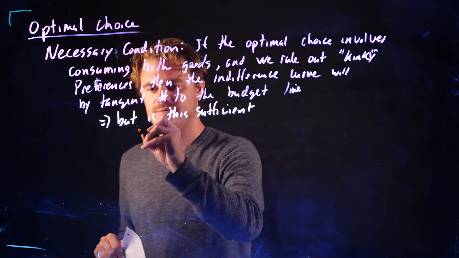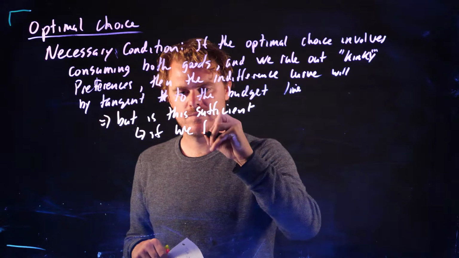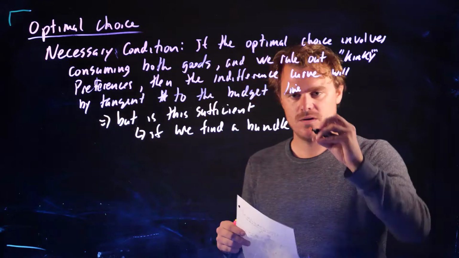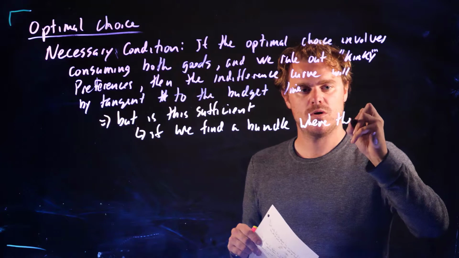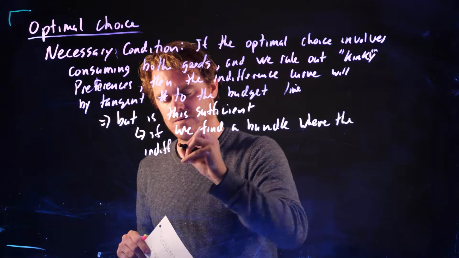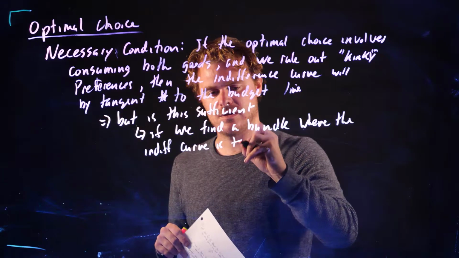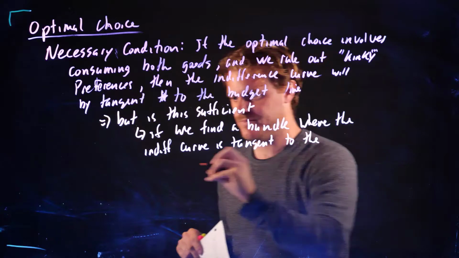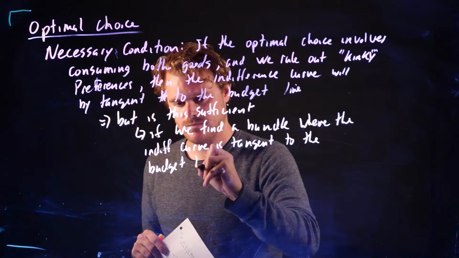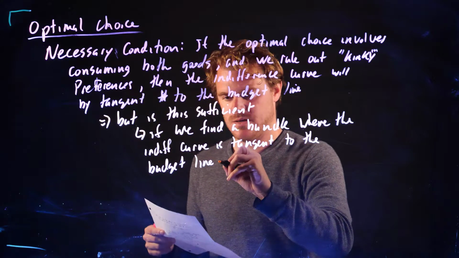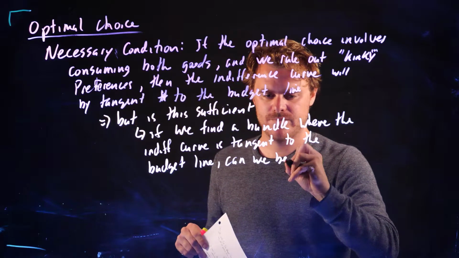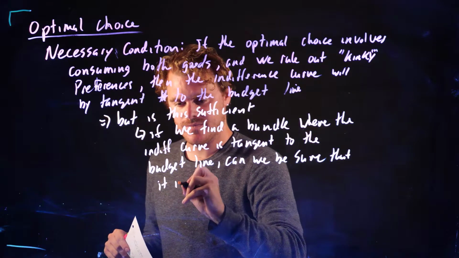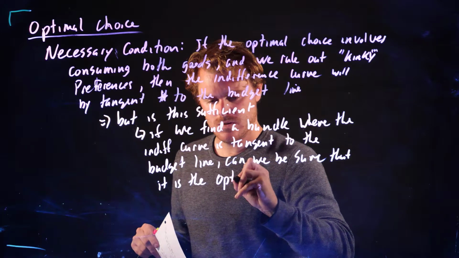If we find a bundle where the indifference curve is tangent to the budget line, can we be sure that it is the optimal bundle? So that's what we want to ask next.